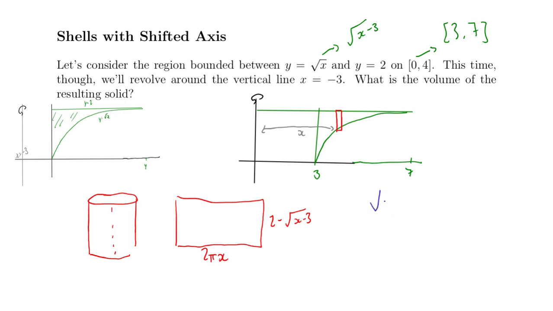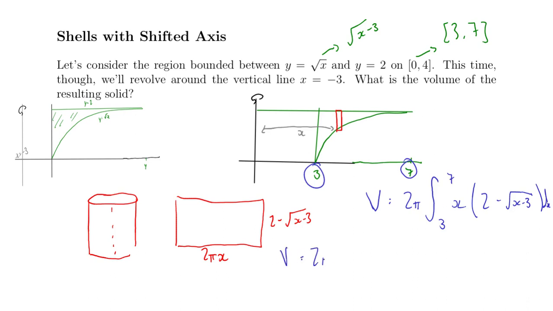And that means our volume integral is going to be 2 pi times the integral of x times our height, 2 minus root x minus 3, dx. And our limits of integration, notice they change. We go from 3 to 7 now. Let me write this a little bit cleaner. And we'll just do some distributive property.